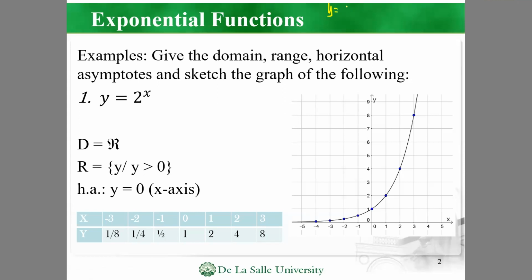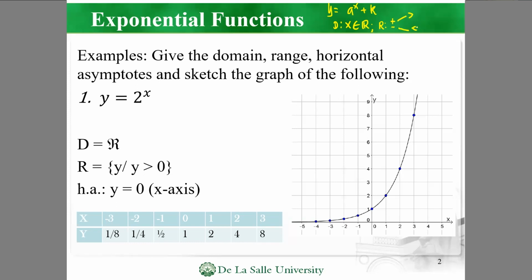For me, what I will do is y is plus or minus a to the x plus or minus, let's just say k, any constant. So I can say that the domain is any real number, and for the range, if it's positive, it's greater than the k.